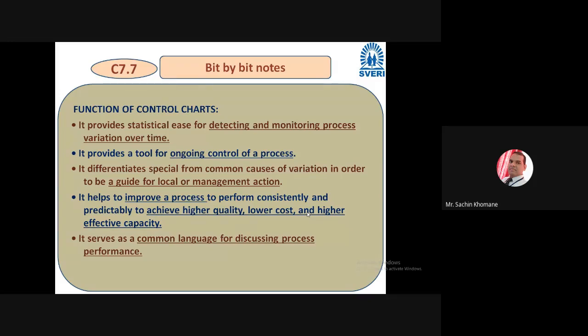So this is another function. Also it helps to improve the process, and you can achieve higher quality, you can reduce the cost, you can have higher effective capacity. Like that, improvements will be there due to your continuous monitoring.